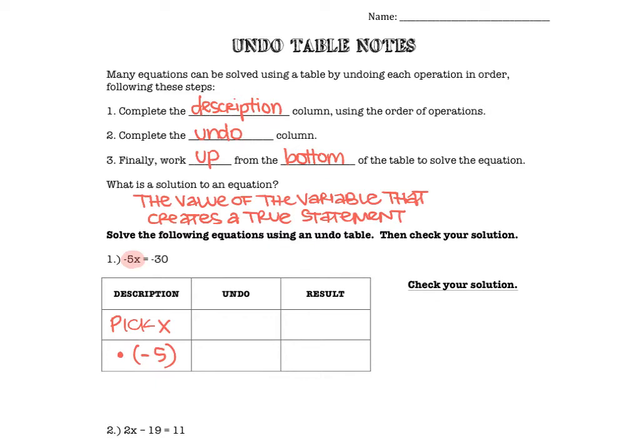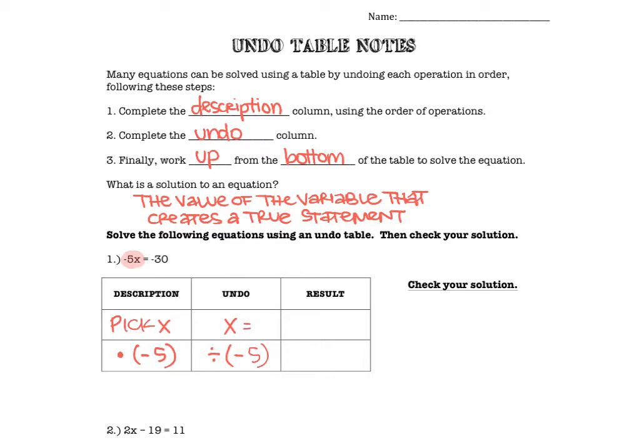All right, well, in the undo column, I am going to do the inverse operation to undo what's happening. So to undo multiply by -5, I am going to divide by -5, and that will give me what x equals.